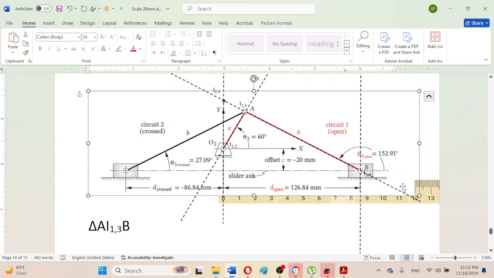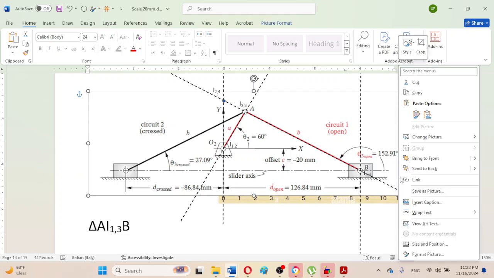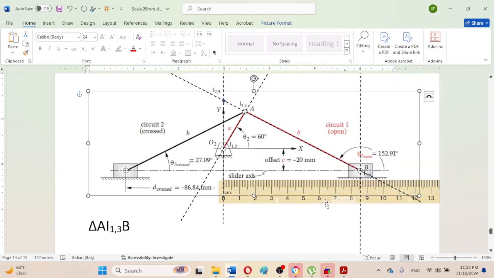Sorry, because this is the picture, so again send it to back. Here we can note that the distance in this view is equal to 8.6 centimeter.